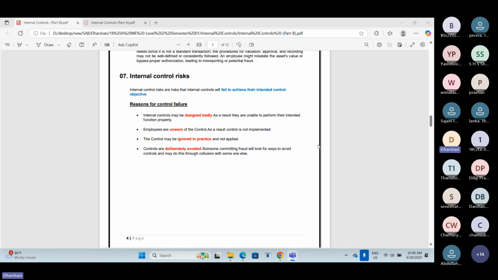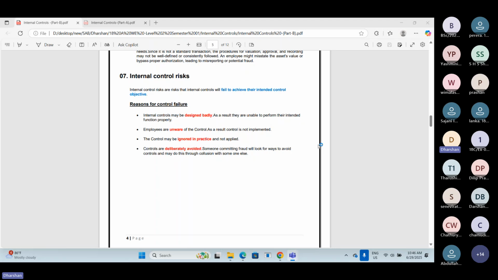All the employees involved in the internal control process must know about their roles and responsibilities and controls and risk details. So that's the important point. Management has designed controls. They have the intention to implement that control properly, but they fail to communicate that information. What is that information?